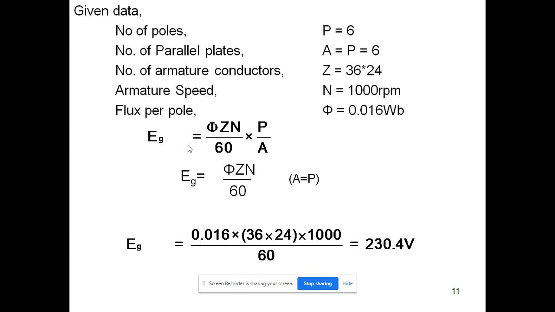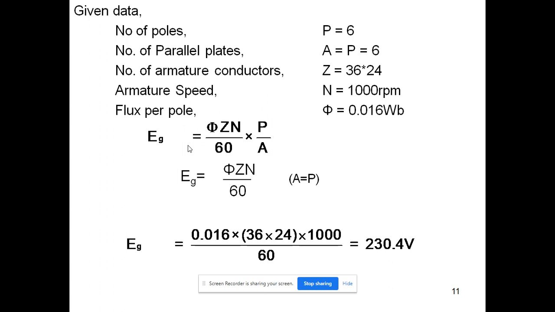On substituting the above values in this equation, we get 0.016 into 36 into 24 into 1000 by 60. Here P and A get cancelled because A is equal to P is equal to 6. 6 by 6 gets cancelled.